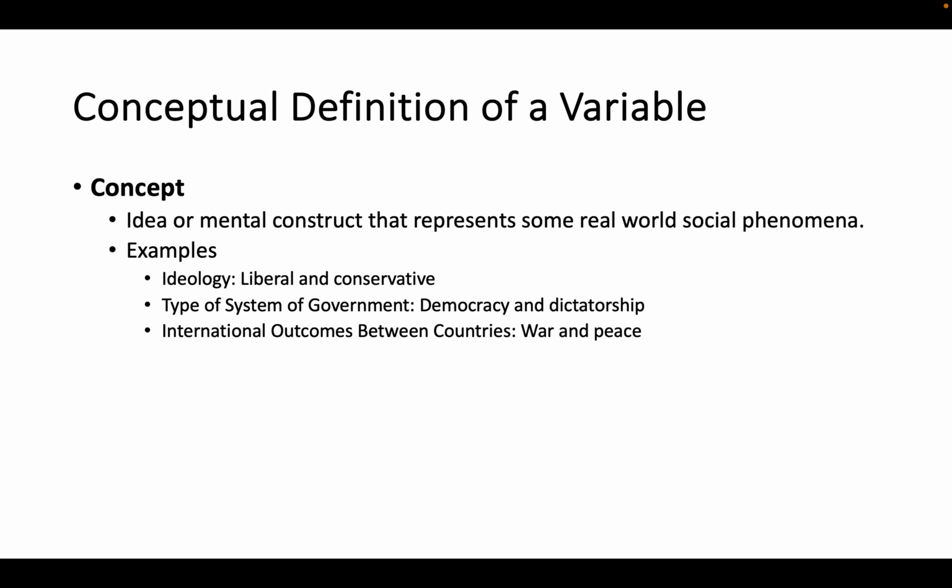Another example would be a system of government, democracies and dictatorships. Again, democracy is a mental construct. It doesn't exist in a tangible way in the physical world, like a physical object does. Democracy, instead, is a way to describe a system of government where elected officials are accountable to the voters and are selected through a free and fair voting process.